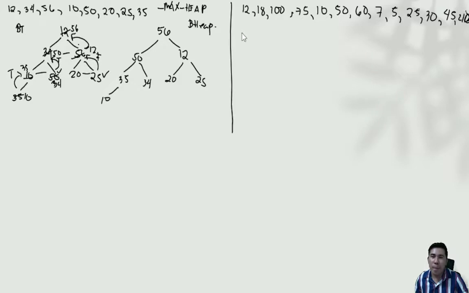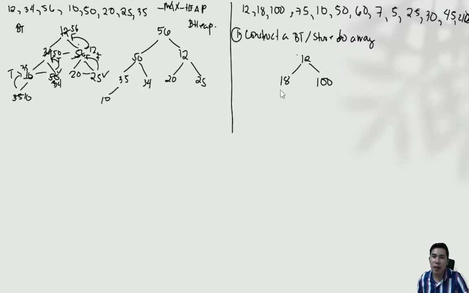So first step, again, construct a binary tree, or if you program it, store it to an array. That's the first step. So we are going to create a binary tree out of this, following the level order so that it is a complete binary tree.